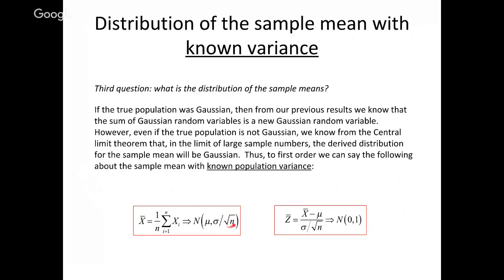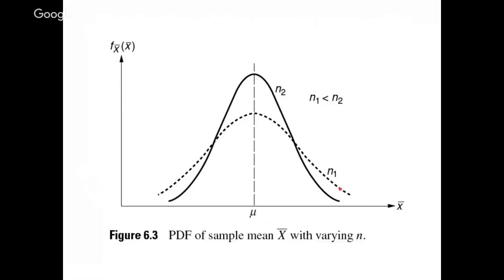So the larger the number of samples, the smaller the standard deviation will be around the population mean. And you're seeing that here. We're plotting two probability density functions, or normal distributions, for the sample mean, one with n1 samples, another with n2 samples, where n1 is less than n2. For the case where we have fewer samples, we're going to have larger dispersion around the population mean.